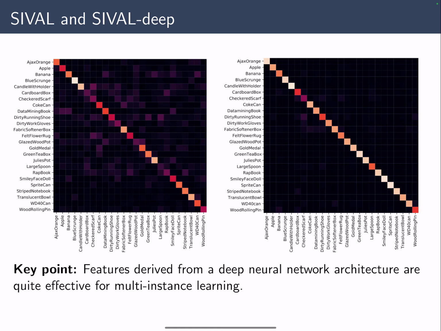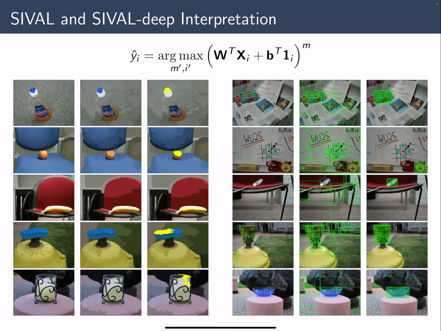Finally, we explore the difference between the SIVAL and the SIVAL-deep datasets qualitatively. We can see from these two confusion matrices that features derived from a deep neural network architecture are also quite effective for multi-instance learning. We also work to interpret the results of the SIVAL and SIVAL-deep implementations.